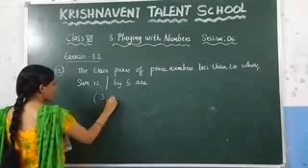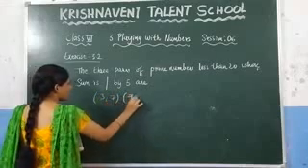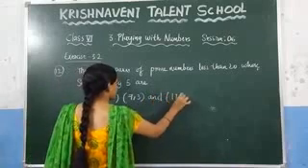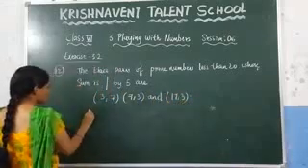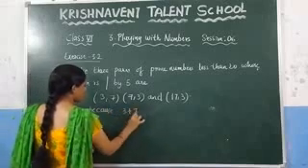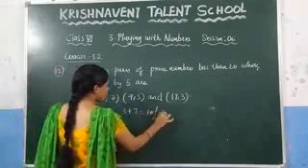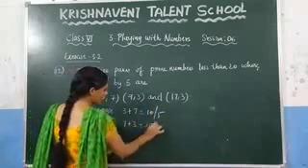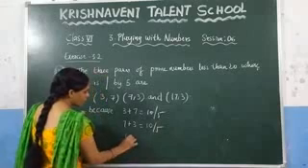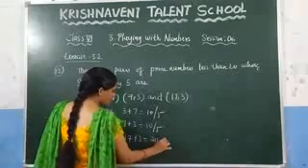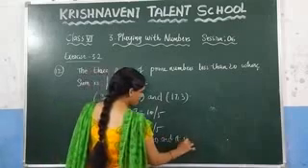Just now we have seen 3 and 7, 7 and 3, and 17 and 3. Why? Because 3 plus 7 is equal to 10 and 10 is divisible by 5. Similarly, 7 plus 3 is equal to 10 and it is divisible by 5. And 17 plus 3 is 20 and it is divisible by 5.